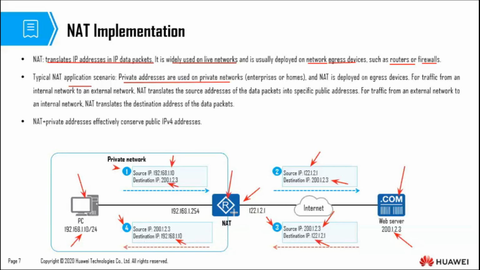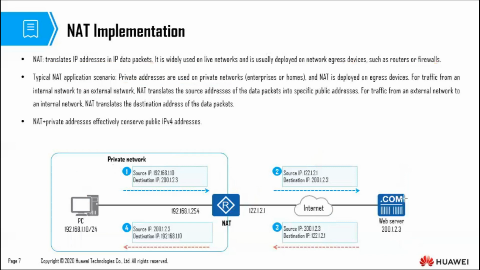Are we together? Yeah. Now, you remember we said that people on the public network cannot reach our private network, right? What that means is this web server cannot send a packet directly to this guy. They can't do that. I mean, they can't generate a packet with the destination IP address 192.168.1.10.